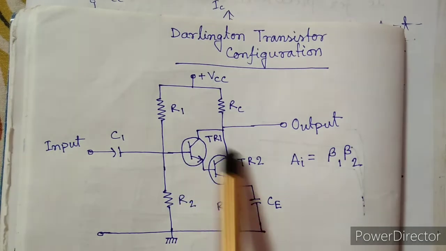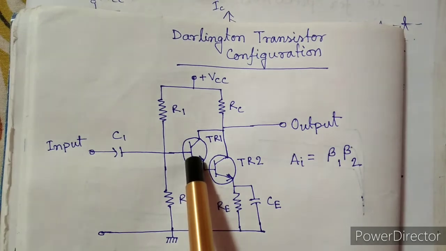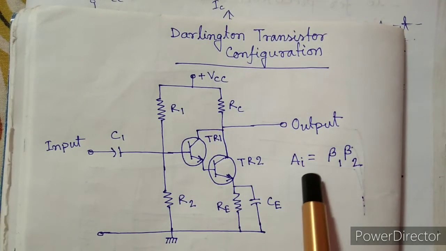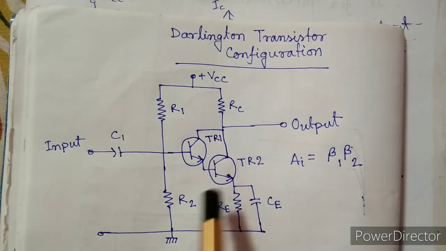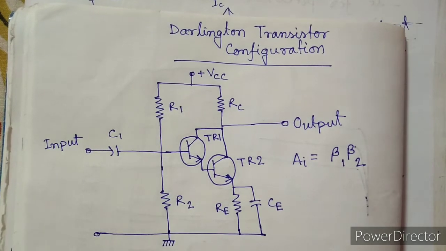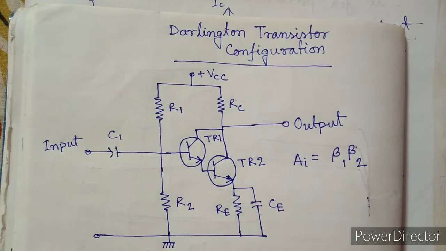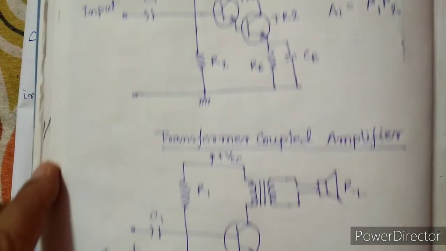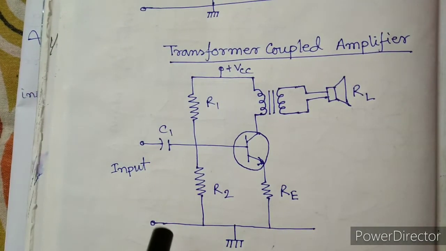So, the total gain of this configuration is beta 1 multiplied by beta 2. By that way we can increase the output current, and efficiency will increase for the Darlington configuration.